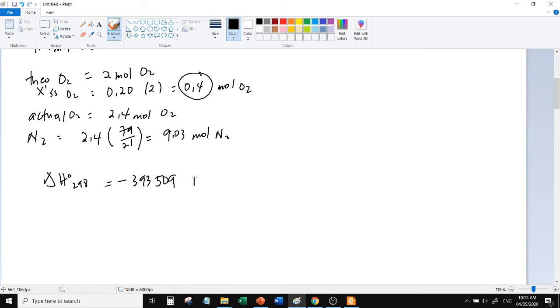Diretso ko na, no? Basically, I just got these values from the references. Okay, so this is for CO2. This one is for CO2. This is H2O, and this is for methane.